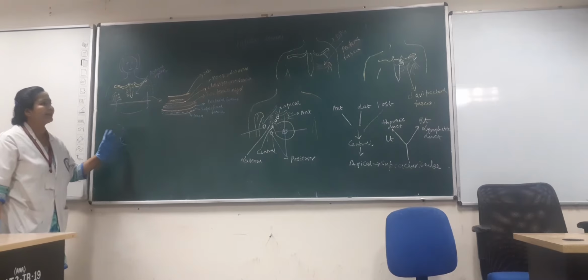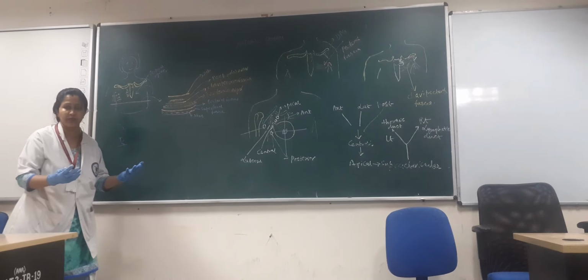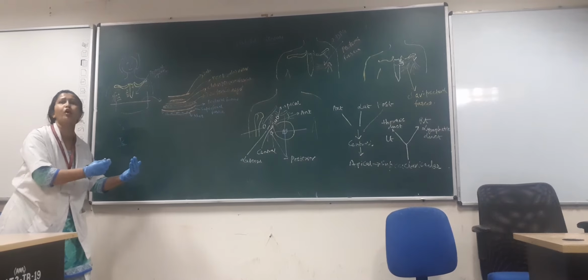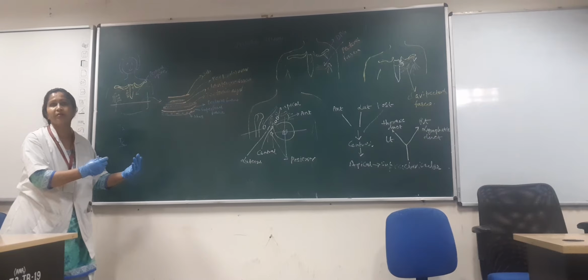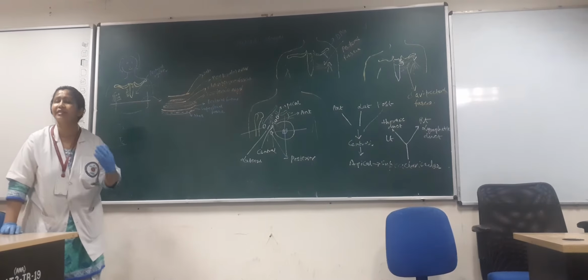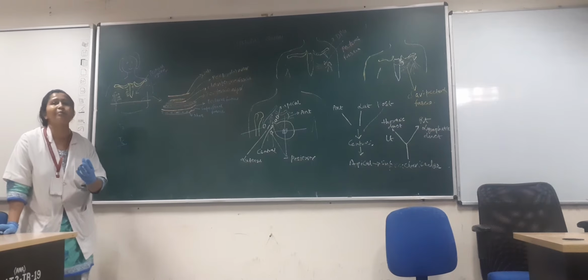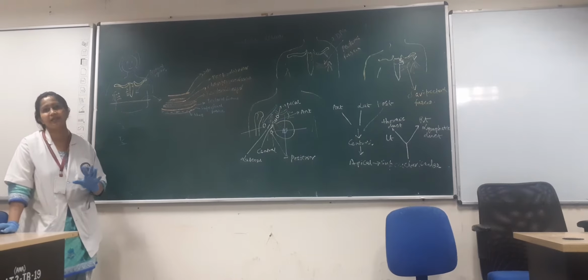Now, what is anterior and lateral cutaneous nerve? It is the branch of intercostal nerve. What is intercostal nerve? It is nothing but the ventral rami of their respective spinal segment.